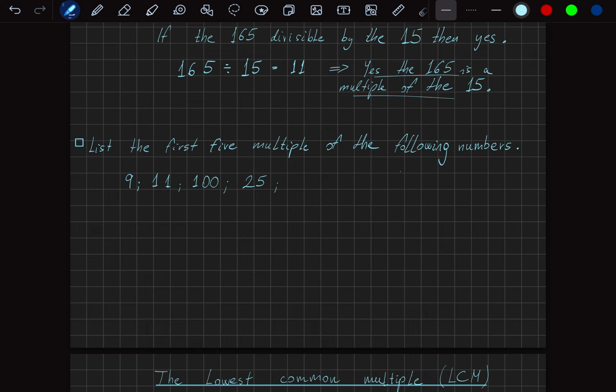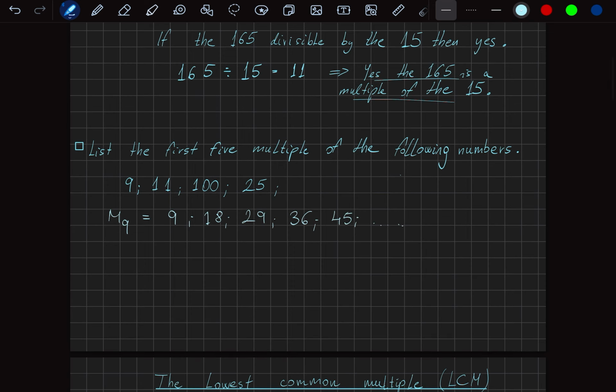A little practice. These are the first 5 multiples of the following numbers. Multiples of 9: 1 times 9, 2 times 9, 3 times 9, 4 times 9, and 5 times 9.